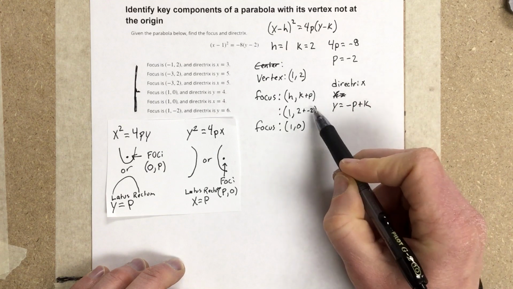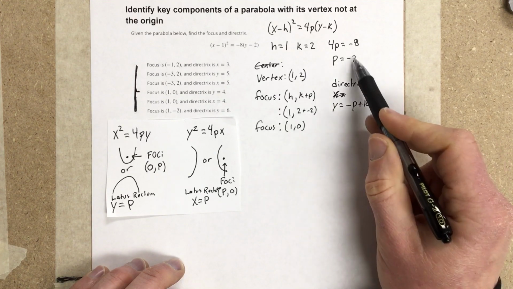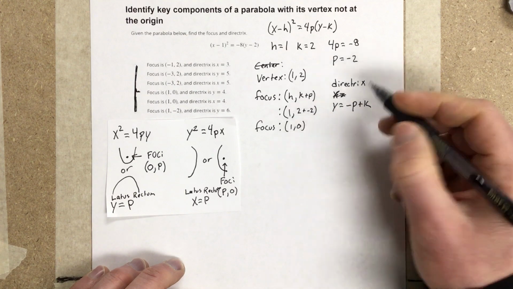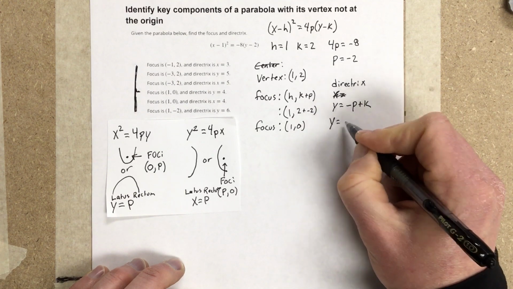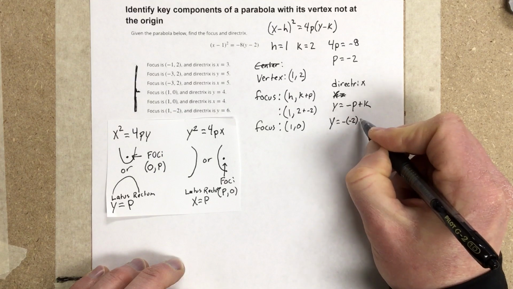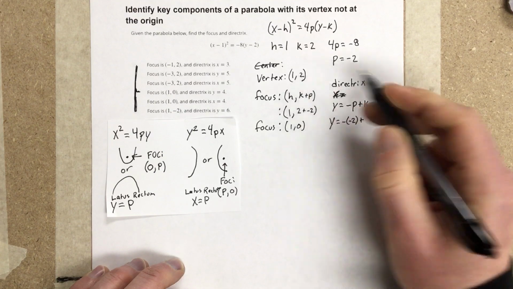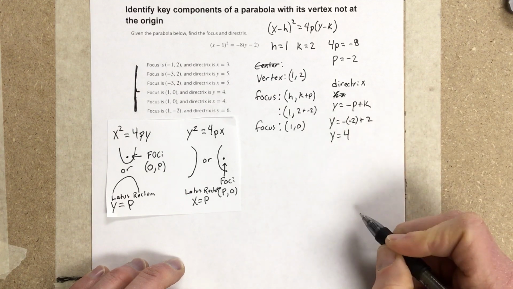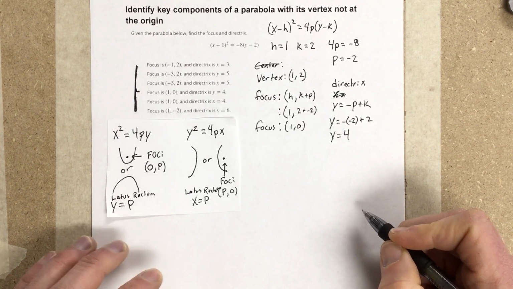Basically we just take the p value, throw a negative on it, and add it to k, because we're trying to go the opposite direction of the focus. So y equals negative 2 plus the k value, which is 2. So we end up with y = 4 for our directrix.